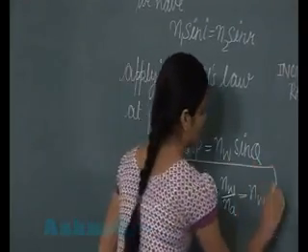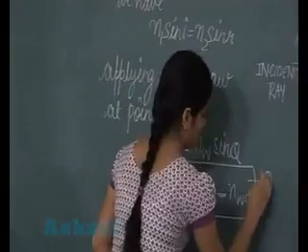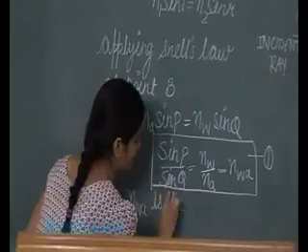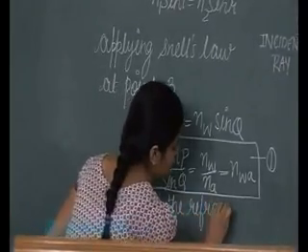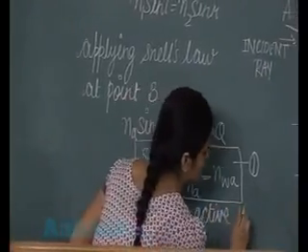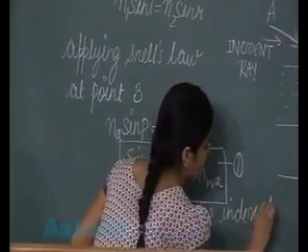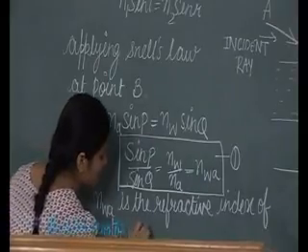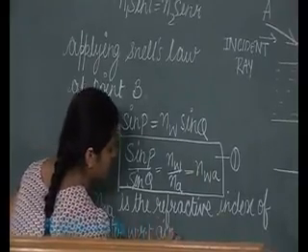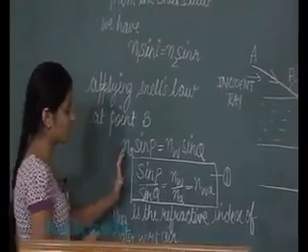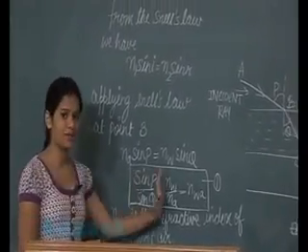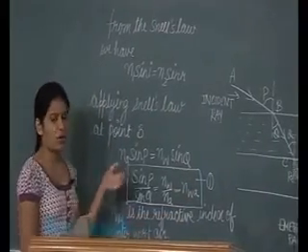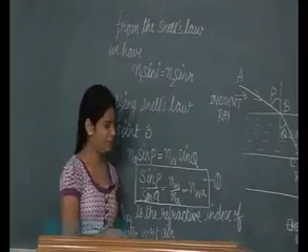Now student, let's mark this as equation 1, where Nwa is the refractive index of water with respect to air. So student, we get equation 1, that is sin P by sin Q is equal to Nwa, by applying the Snell's law at point B. Now we will apply the Snell's law at point C.